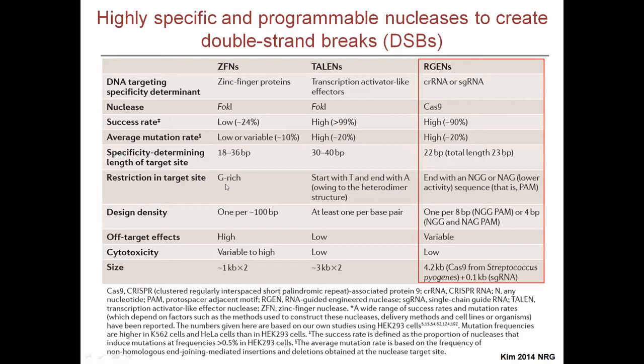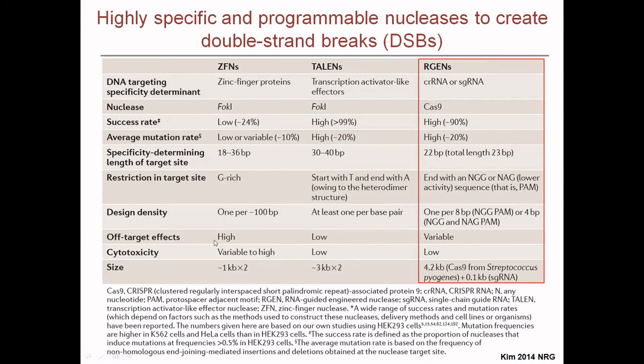And this is the G rich preparation for the zinc finger. This starts with the T and ends with the A. And here, as I discussed, the protospacer adjacent motif is NGG or NAG. Then design density, this is 1 for 100 bases. It is at least 1 for base pair and it is 1 for 8 bases.